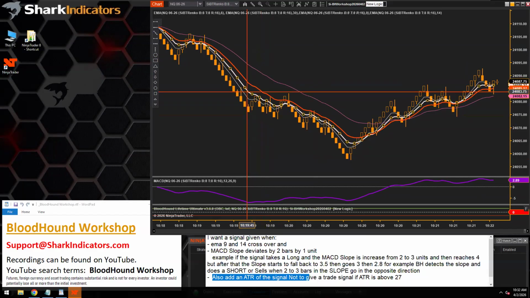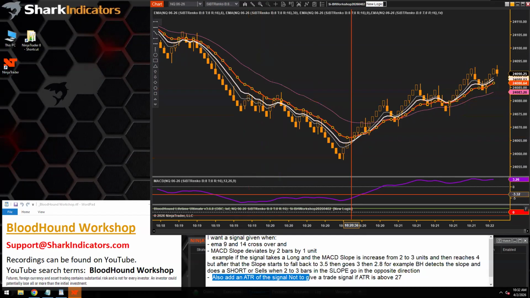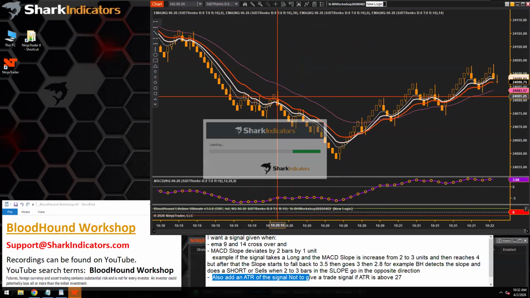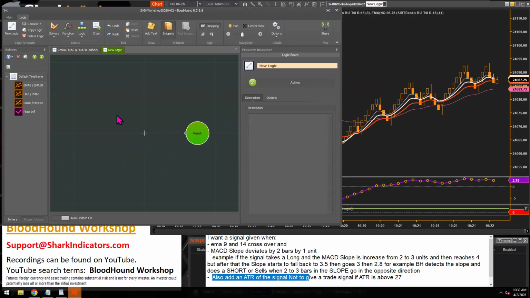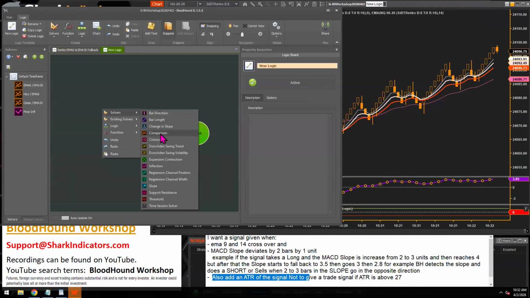All right, so there's our EMA 9, EMA 14, the two thicker lines, and then our MACD here. So, all right, so let's identify when the faster EMA is above or below the slower EMA. So that will be a comparison solver.